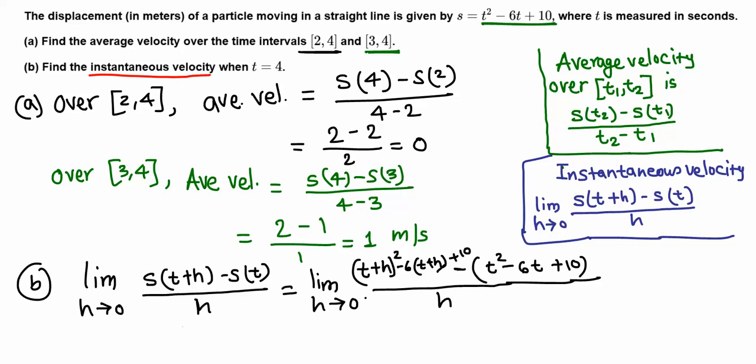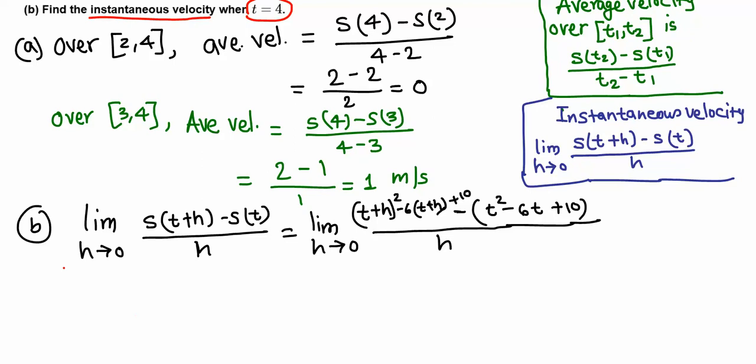And in fact, this is the instantaneous velocity at any time t. And in this question we are actually finding at t equals 4, so we can replace t by 4 if we like. Okay, we can replace t throughout by 4 to make this calculation simpler.